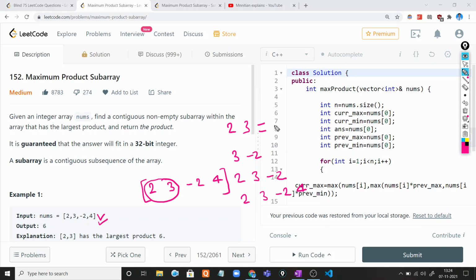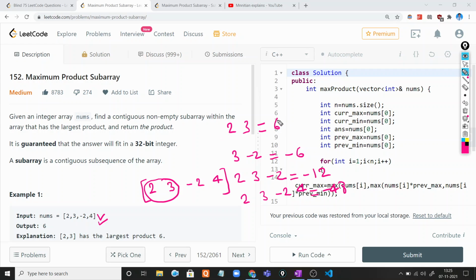And we take the product of each subarray: the product of this subarray is 6, of this one is -6, of this one is -12, and of this one is -48, right?